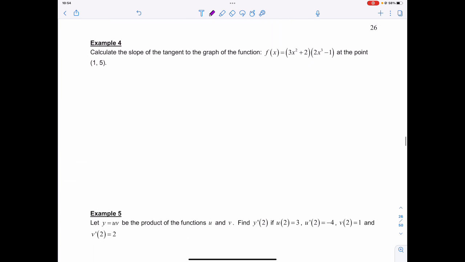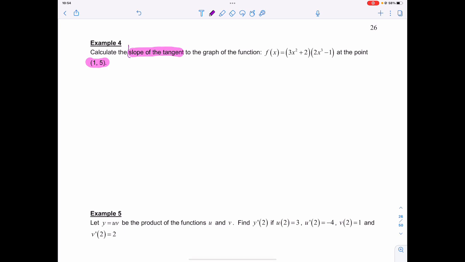All right, for example 4, it wants us to calculate the slope of the tangent to the graph of the function f of x is equal to 3x squared plus 2 times 2x cubed minus 1 at the point 1 and 5.